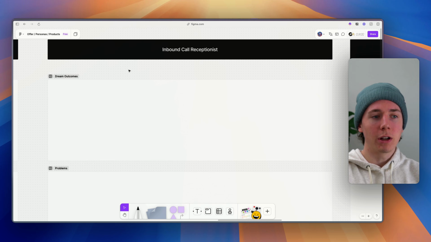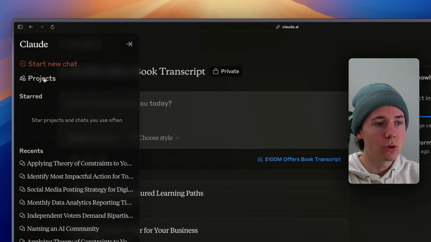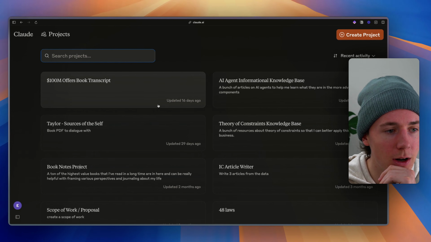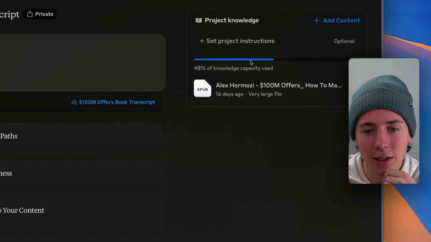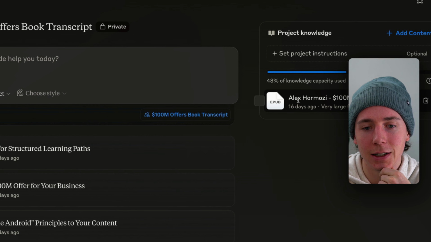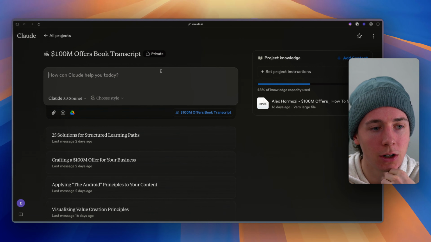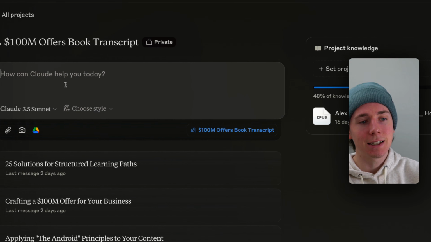So one of the things that I've found really helpful in this process is I will actually use a Claude project. So I created a Claude project with the $100 million offers transcript. The essence of this is that I have the entire book of $100 million offers right here that I can use and reference inside of this.